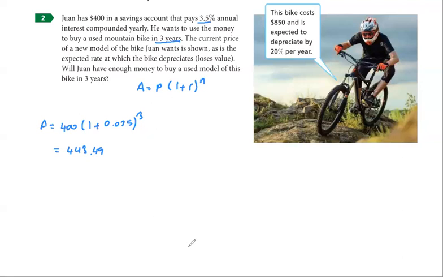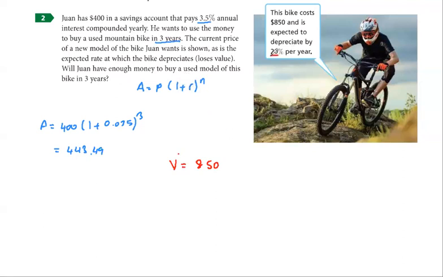So let's see what the price of the bike will be in 3 years. For the bike, I'm going to say the value, because that will depreciate, is we start with 850, and we are going to still use a similar idea, but now we are not going to get an additional amount. We are going to decrease. In this formula, we were adding 1 to the rate. 1 was the 100%, the rate was the 3.5%, and we were getting extra money, which is why we were adding.